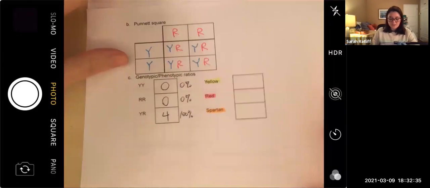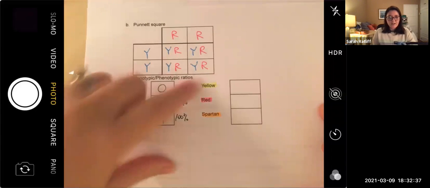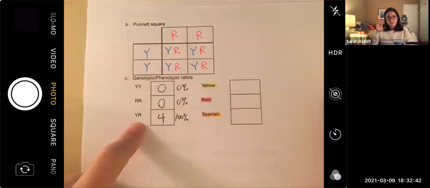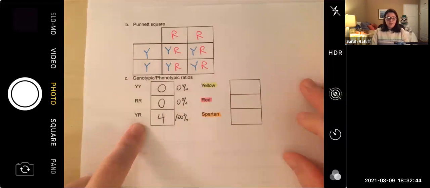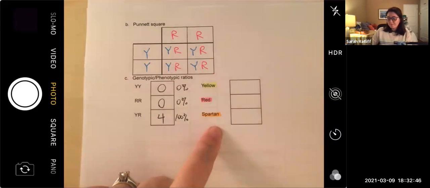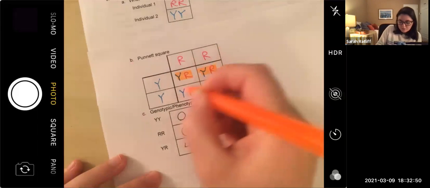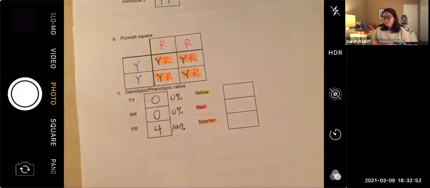Going back, it's like manual scrolling on a screen. All right, so looking at our Punnett square, we have all of these YRs, which we figured out here in our genotypic ratio. If we have YR, that means we're going to be Spartan. Orange highlighter.